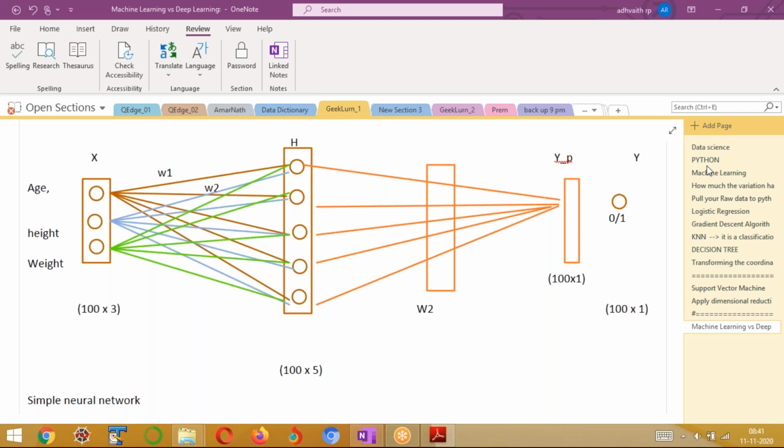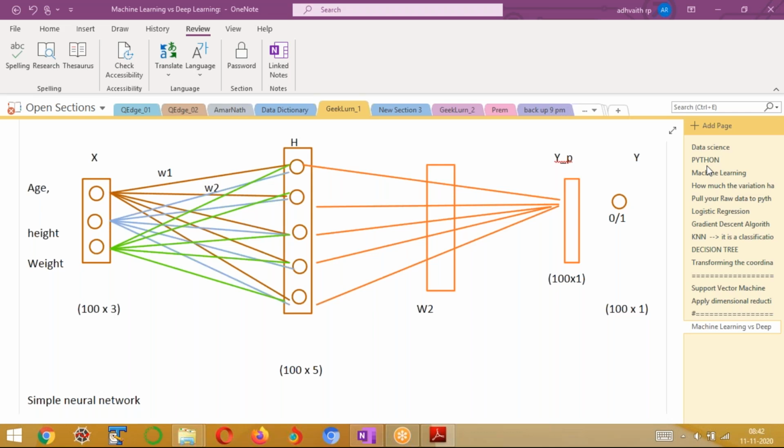The gradient descent algorithm will work on the errors and apply some derivative techniques, and it will recreate the weight 2 values first, and after that the weight 1 values. Again we rerun this from x to y hat.